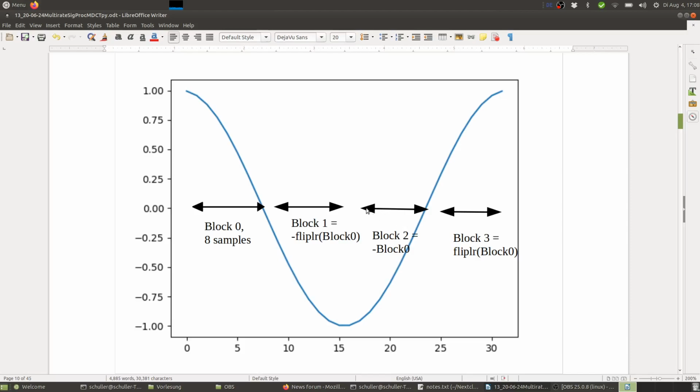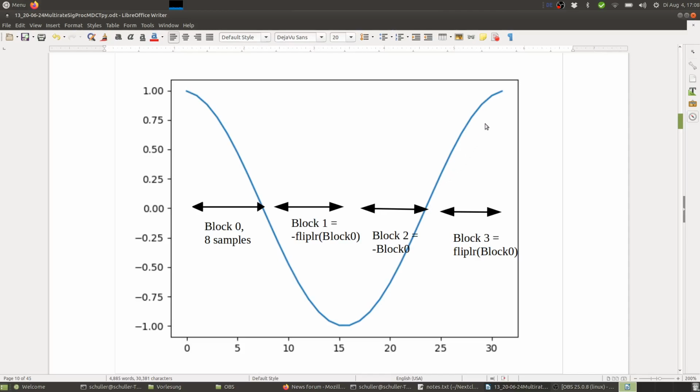Then we have the next block again, in the next 8 samples. And this is again a flipped version. So it's this one flipped, right? And this one was this one flipped. So this is basically the first one just flipped over negative. So take this negative and you get this one here, this shape.